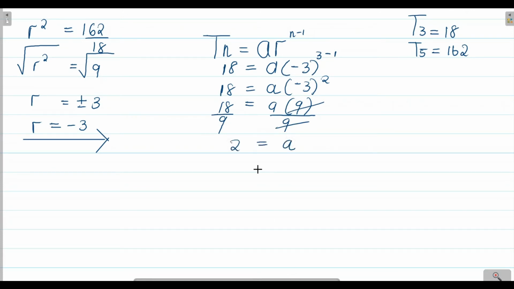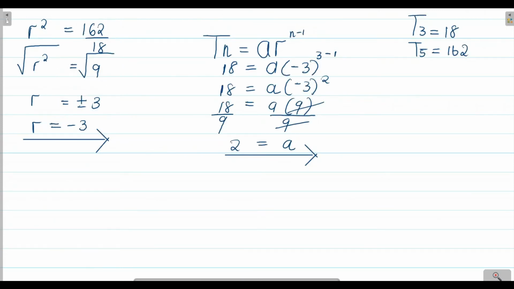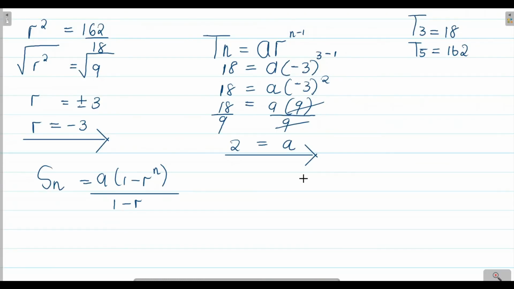Okay, guys, so we found the value of your R, we found the value of your A, and from here it becomes easy peasy. We simply substitute into this formula. The sum is equal to A times 1 minus R to the power of N, all over 1 minus R. We're getting the sum of the first 7 terms, therefore your N is equal to 7.